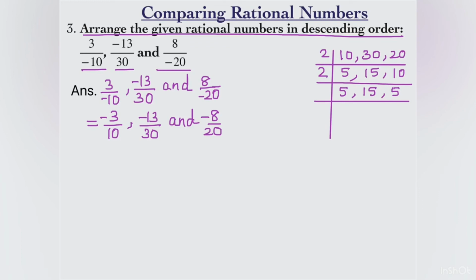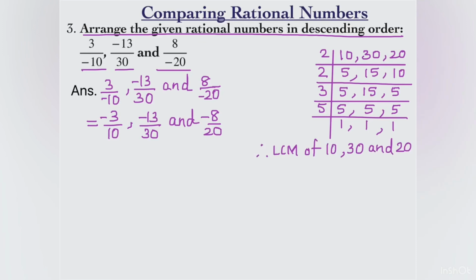Next, we cannot divide by 2, so the next prime factor we are going to choose here will be 3, since 15 is divisible by 3. We cannot divide 5 by 3, so we write as it is. 3 fives are 15, 5 we write as it is. Next we are going to choose the prime factor as 5. 5 times 1 is 5, 5 times 1 is 5, 5 times 1 is 5.